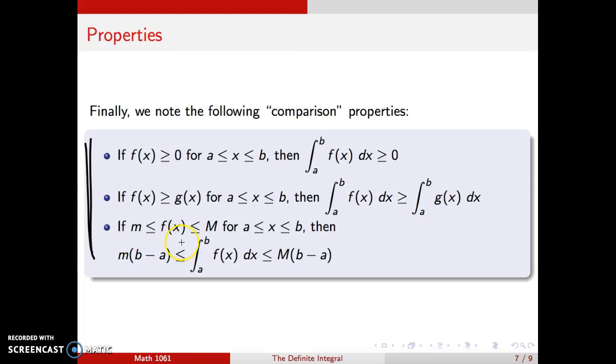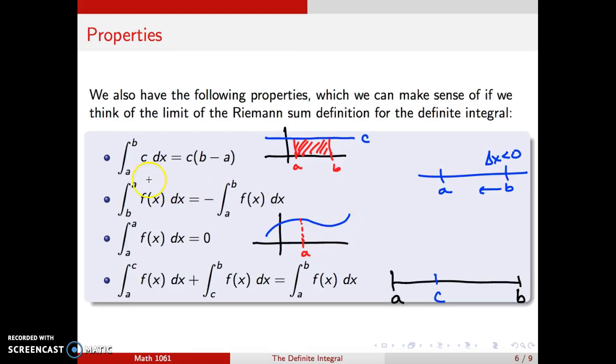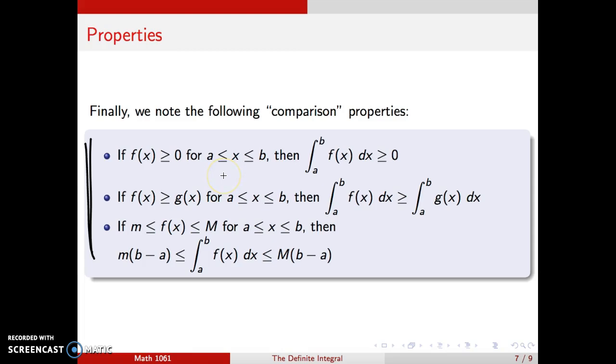Look at lowercase m as a constant function, look back at the previous one. And then for these parts in the inequality there, think back to this property. If f is bounded by m and M, then the definite integral is bounded by m times the width of the interval, and M times the width of the interval. I'm not going to use these nearly as often as these other ones, but we just wanted to get those out there for you.